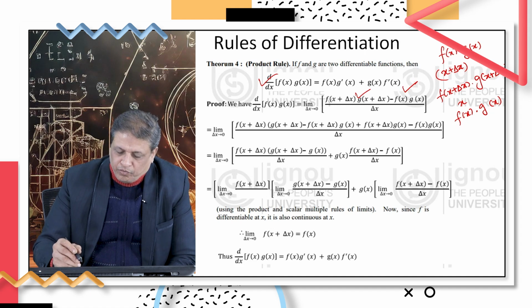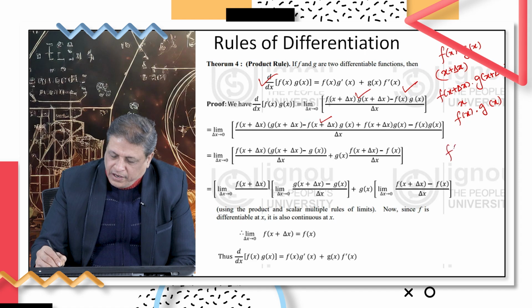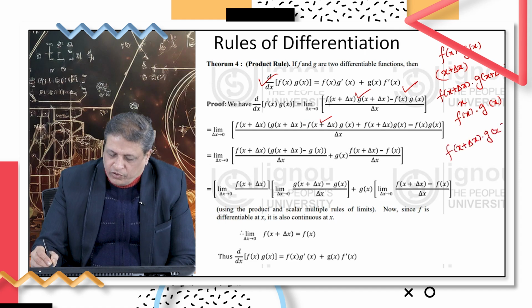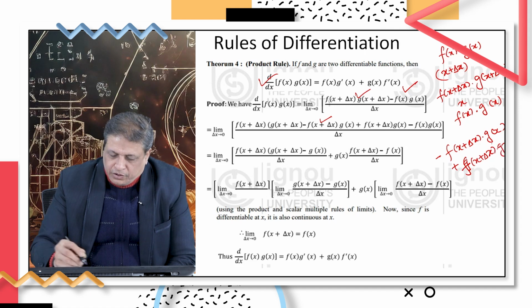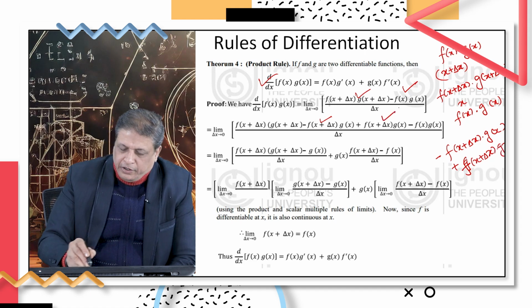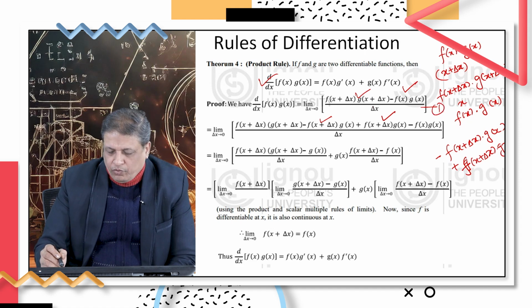So all we get is f(x plus delta x) into g(x plus delta x) minus f(x) into g(x), by delta x. Now adding and subtracting f(x plus delta x) into g(x), these two terms are added and subtracted in this expression, that is the expression given in equation number 1.